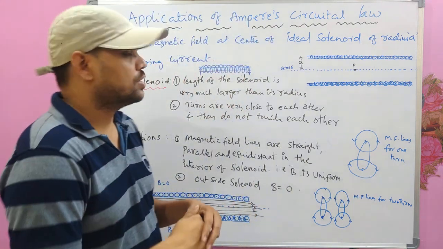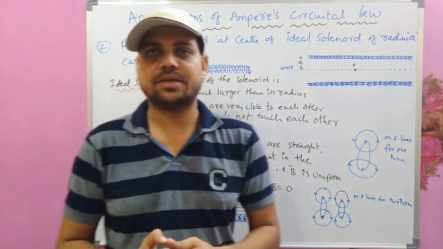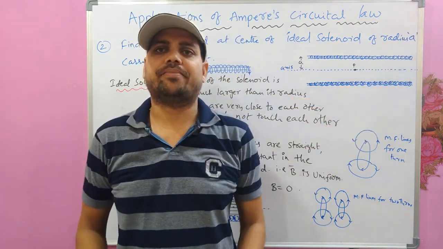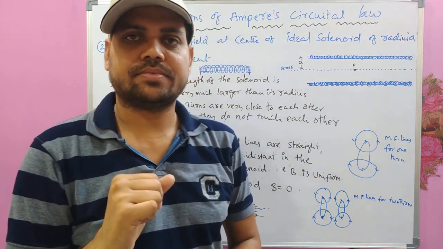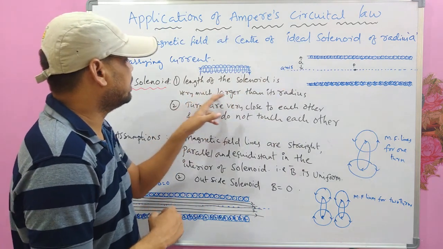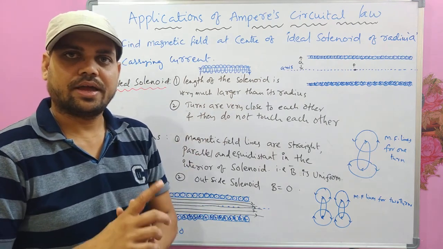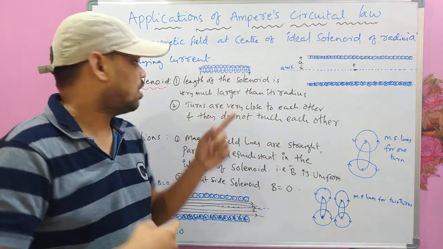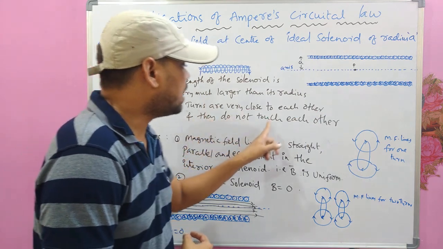Okay, so what is an ideal solenoid? In an ideal solenoid, the length of the solenoid is very, very large compared to its radius. And in an ideal solenoid, turns are very close to each other and they do not touch each other.